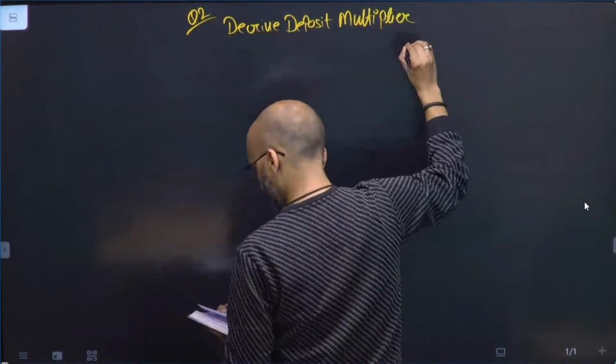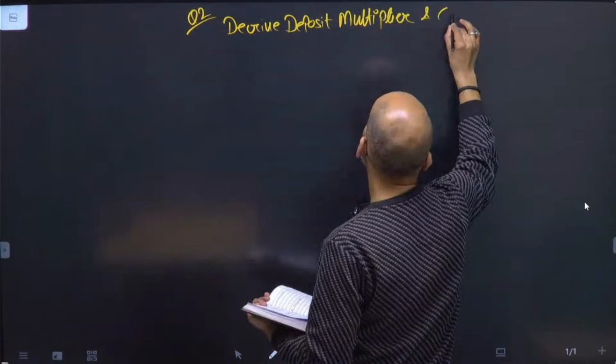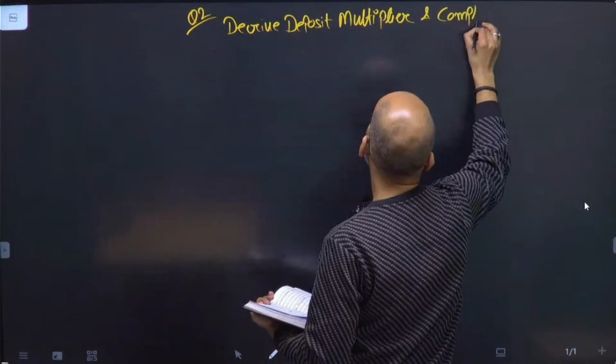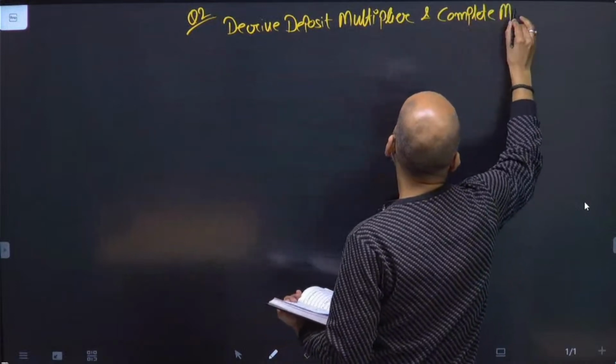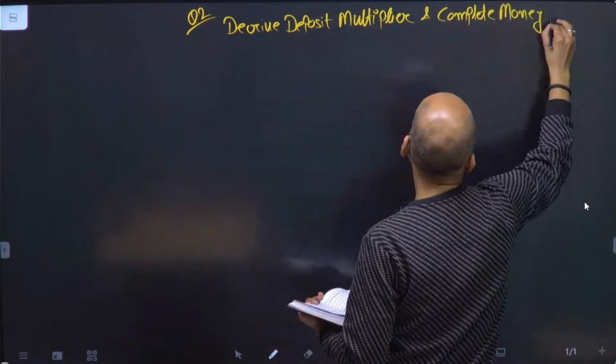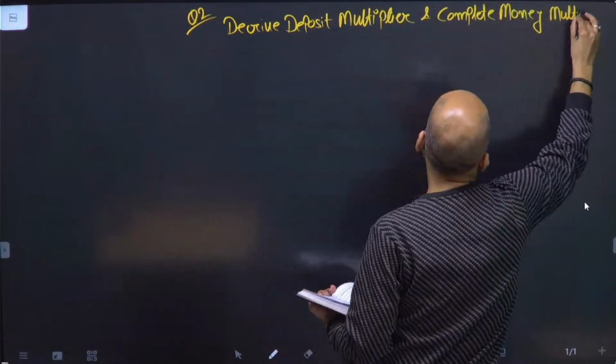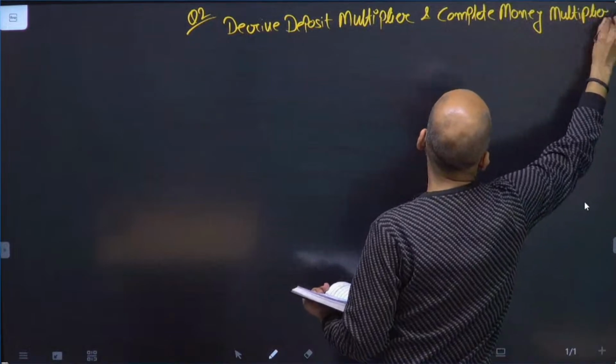Derive deposit multiplier and complete money multiplier.